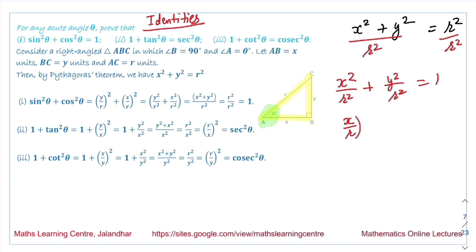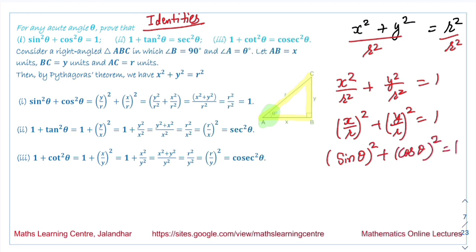So it is x over r whole square plus y over r whole square, that is equal to 1. Now what is x over r? It is cos theta, and y over r is sine theta. So sine of theta square plus cos of theta square is equal to 1. We can also write this as sine square theta plus cos square theta, that is equal to 1. And this is our first identity we are talking about, that sine square theta plus cos square theta is equal to 1.